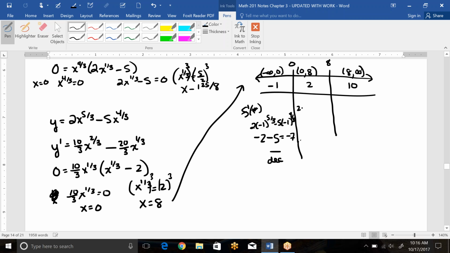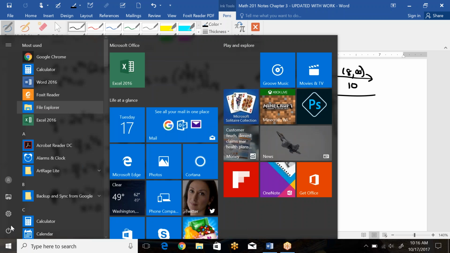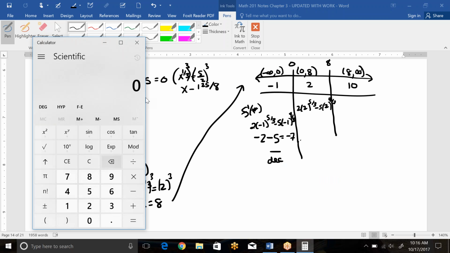If we plug in 2, since 2 is not a perfect cubed root, we'll probably want to use our calculator here. So 2 times 2 raised to the 5/3 power. Oops, it didn't give me a base there. Hang on. 2 times 2 to the 5/3 power. There we go.